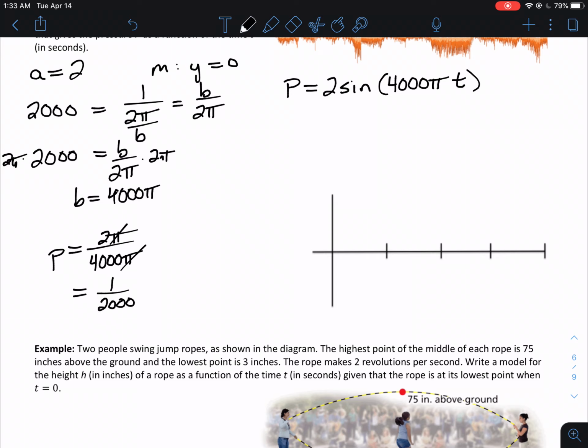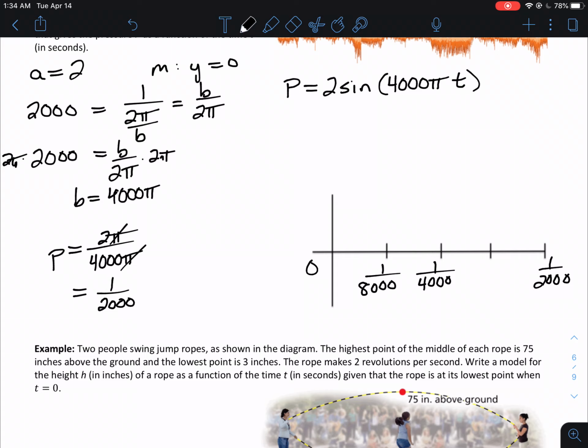That's going to be helpful in labeling our graph here. So our period, we're going to go from 0 up to 1 over 2,000. Then half of that would be 1 over 4,000. And half of 1 over 4,000 would be 1 over 8,000.